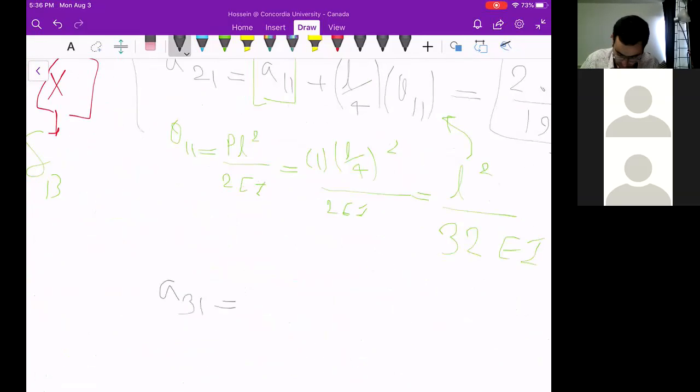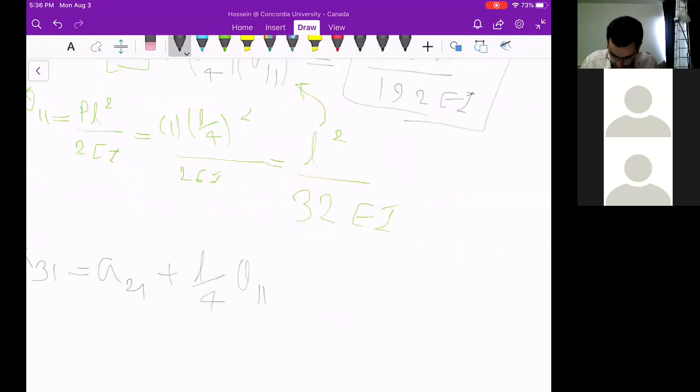A21, which is already obtained, is 2.5 L cubed over 192 EI, plus L over 4 multiplied by theta 1, which is already obtained.